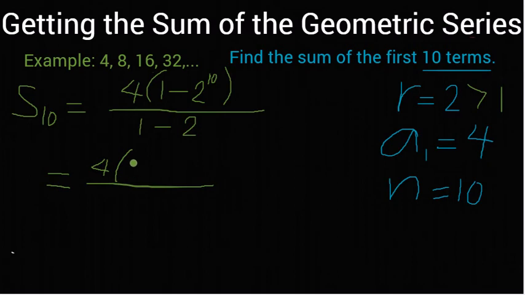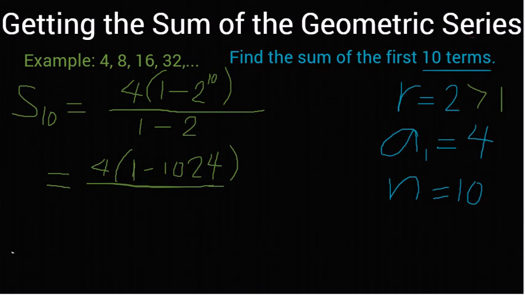So we have 4 times 1 minus 1024. We notice here in the parentheses that 1024 is greater than 1, so if we perform this subtraction, the result will be negative.